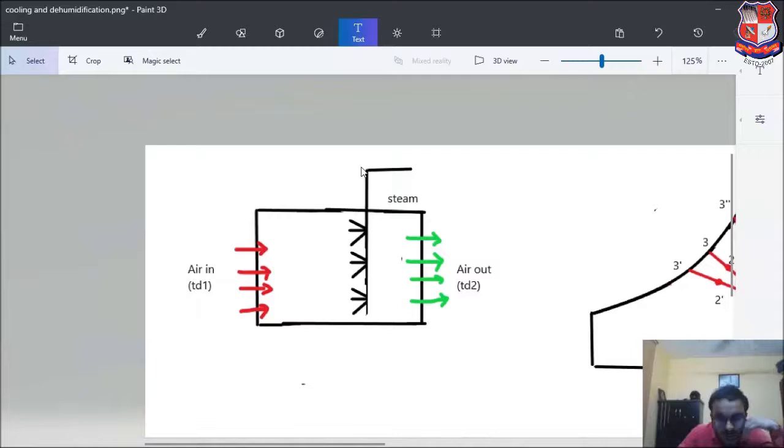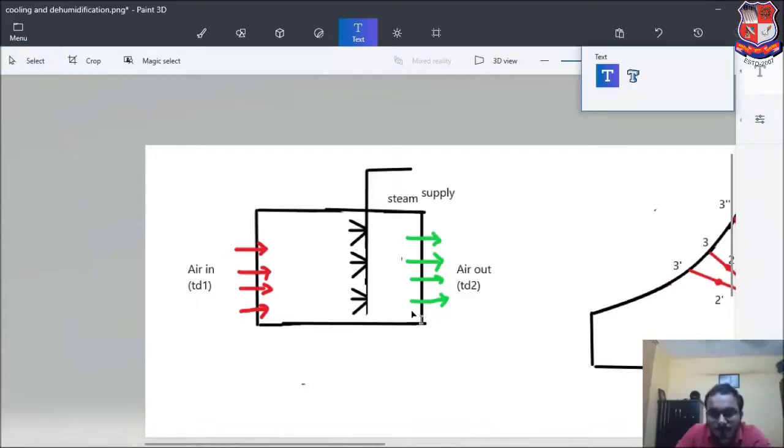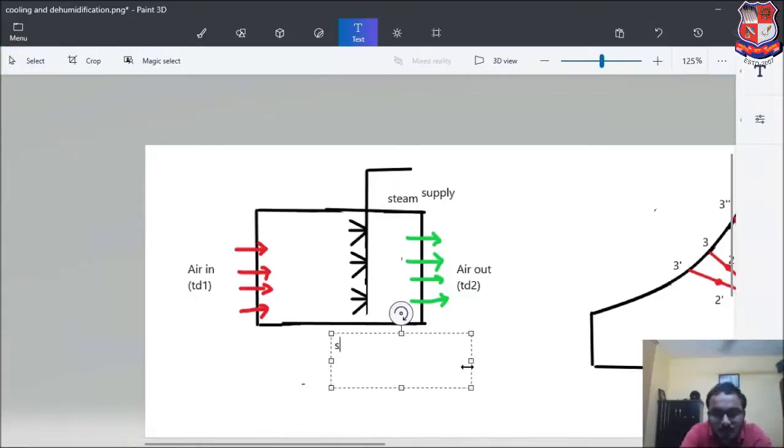So we can write down, this will be our steam supply, and these are steam injecting nozzles.